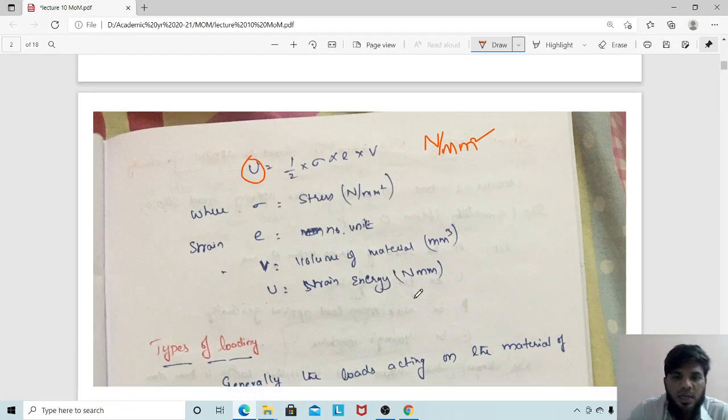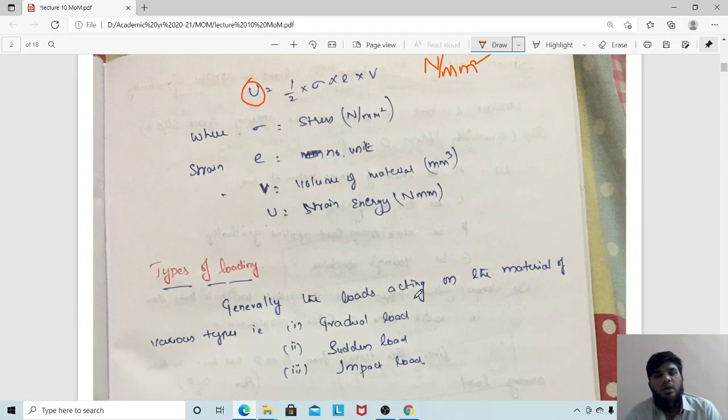Now when we study strain energy, the load which I am giving to get the strain can be applied in any way. Either you can apply the load gradually, or suddenly, or the load can be an impact load. For example, if you are driving a vehicle, the spring or suspension at the back can be loaded in different ways.